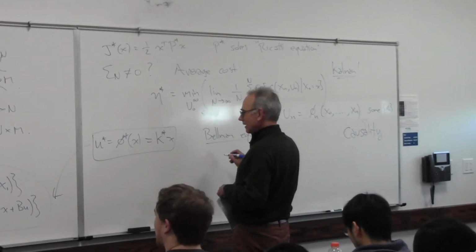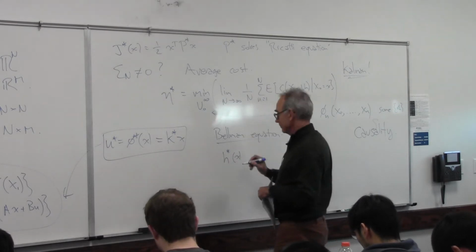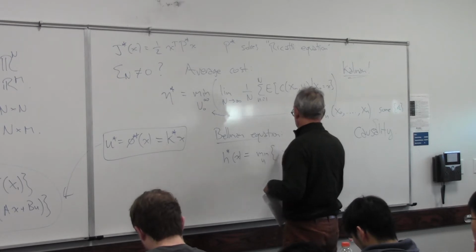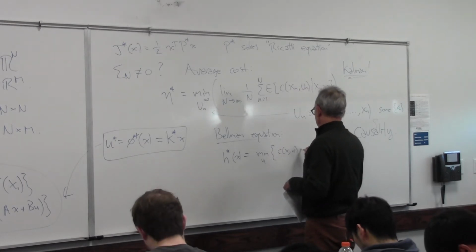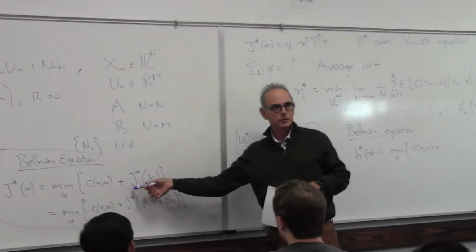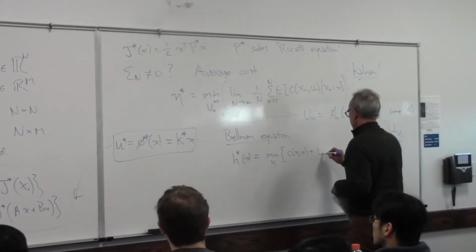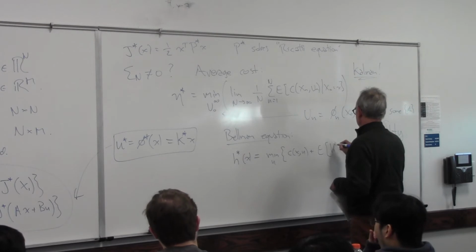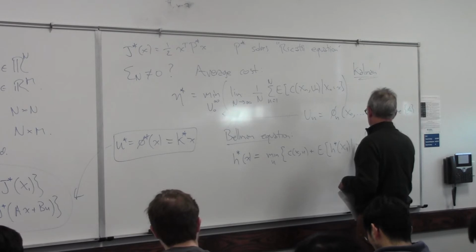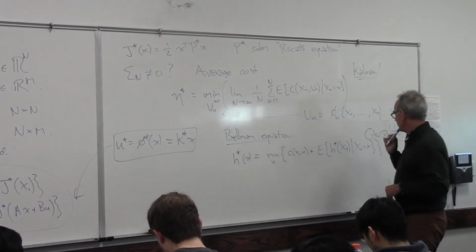I've got J star, I'm going to call it eta star of x. That's one difference. And that's going to be random if x1 is stochastic, so I've got to take expectations. And something else is missing.